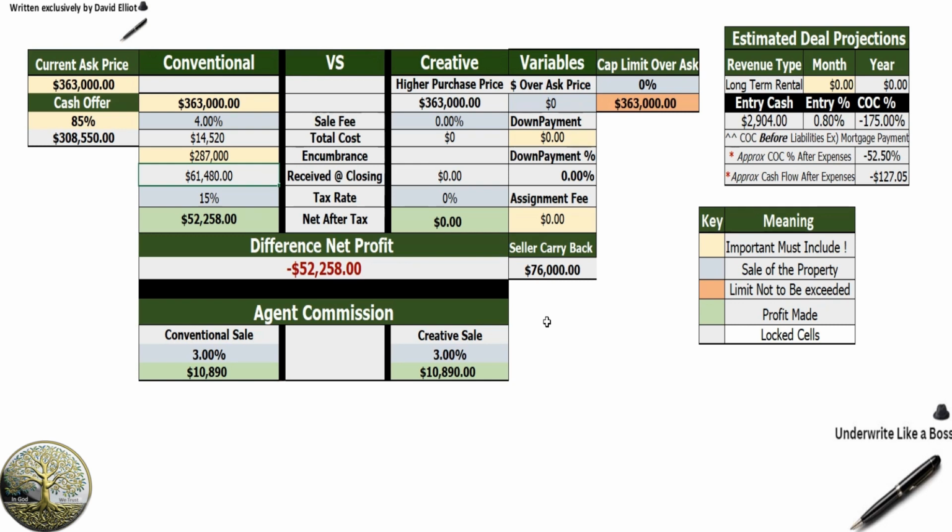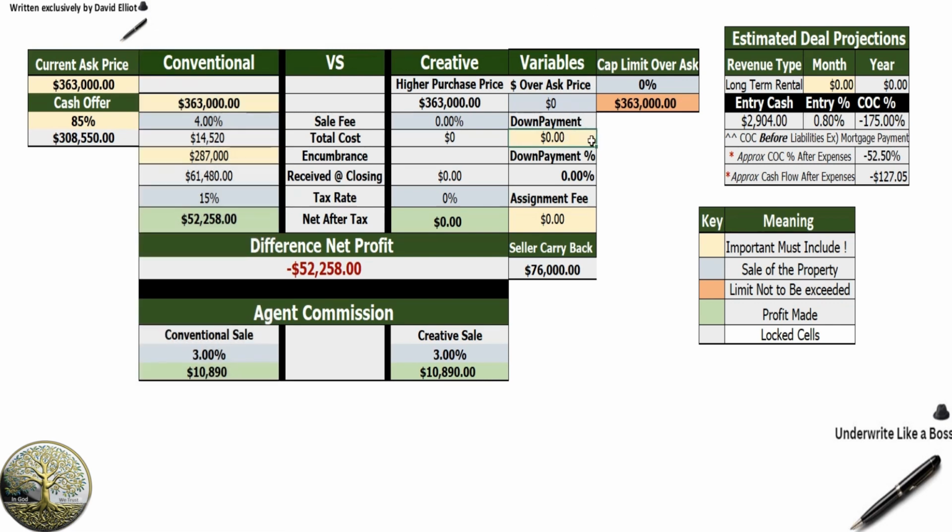Now, what we're going to do is come over here to the creative side of the column, and see how much down we could give the seller at closing. And is it a deal that the seller is willing to accept, considering that they have another option where they could wait 60 days, 90 days for a conventional offer to come through at their full asking price?